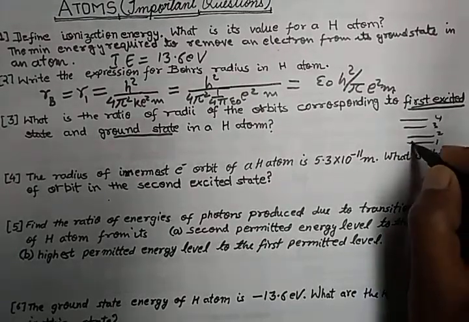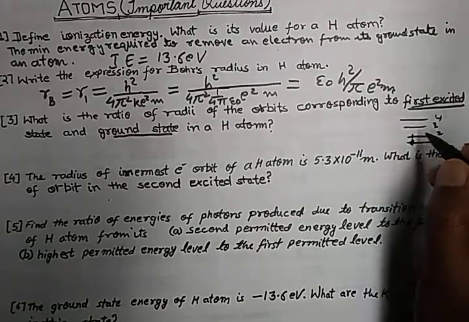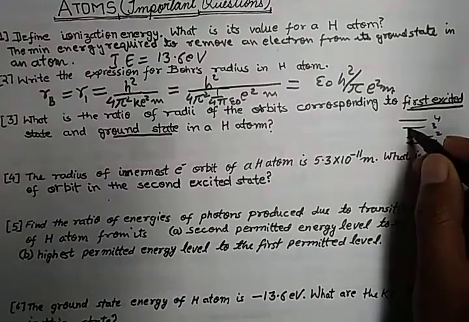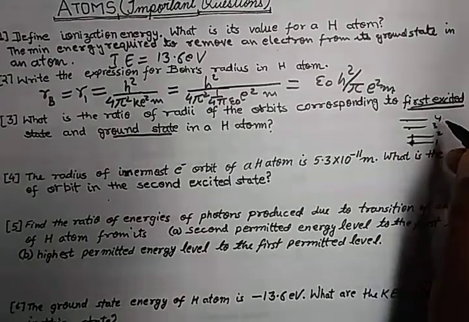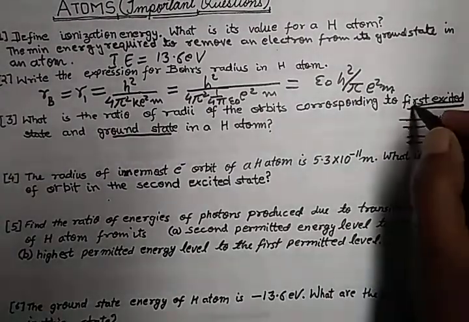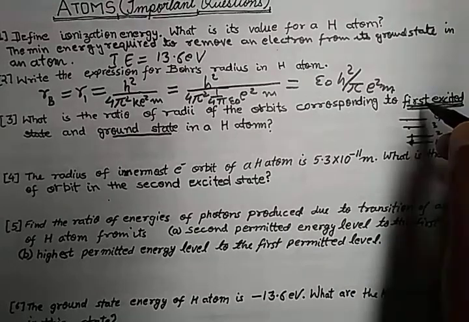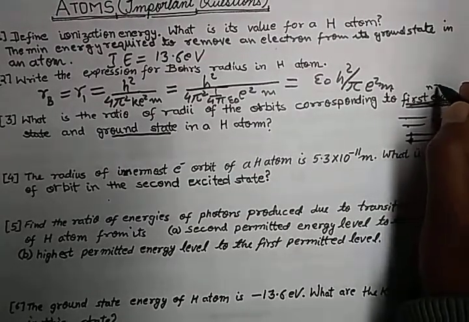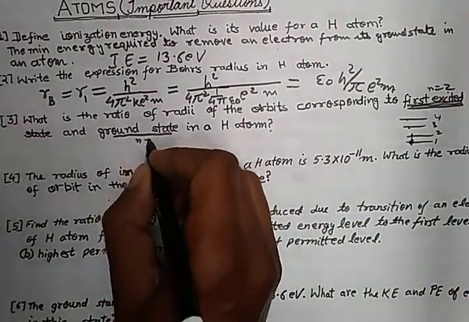So if it was here, this is its first excited state, that is second energy level. Second excited state, that is third energy level, and third excited state, that is fourth. So when the word excited state comes, first excited state means they are talking about n equal to 2, and here we know ground state is n equal to 1.